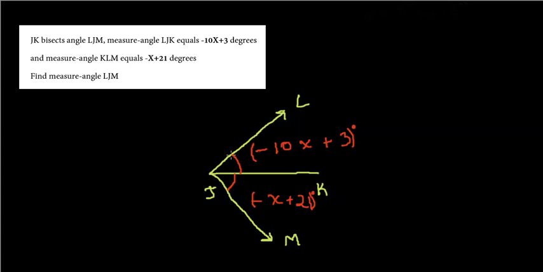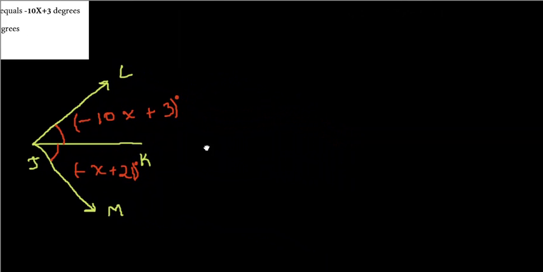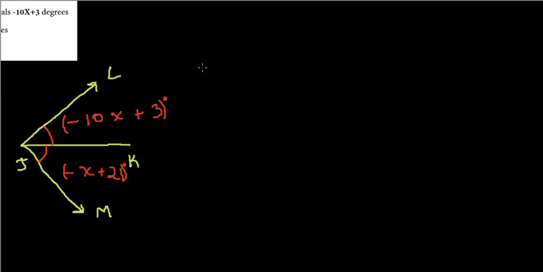Like before, we can use the fact that bisect means that they are both the same angle and solve for x. We know that we only have one variable, so this should not be too hard. We can say negative 10x plus 3 is equal to negative x plus 21.